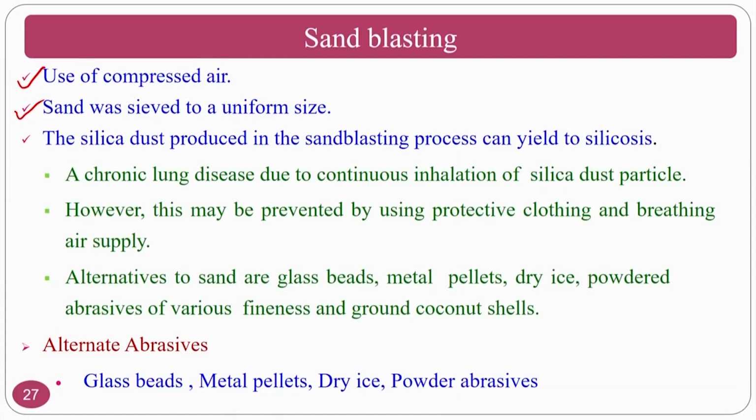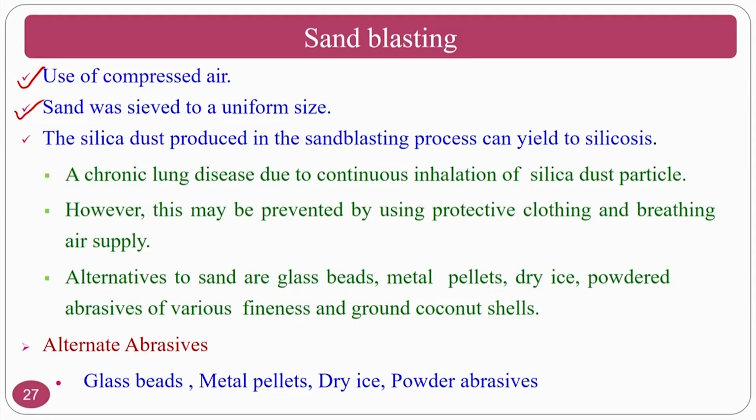To get a super uniform surface, you always should go for uniform abrasive sizes. For that, you have to use sieves. There are standard sieves, so you can use these sieves and get uniform abrasive particle sizes so that you can get a uniform surface on the workpiece.